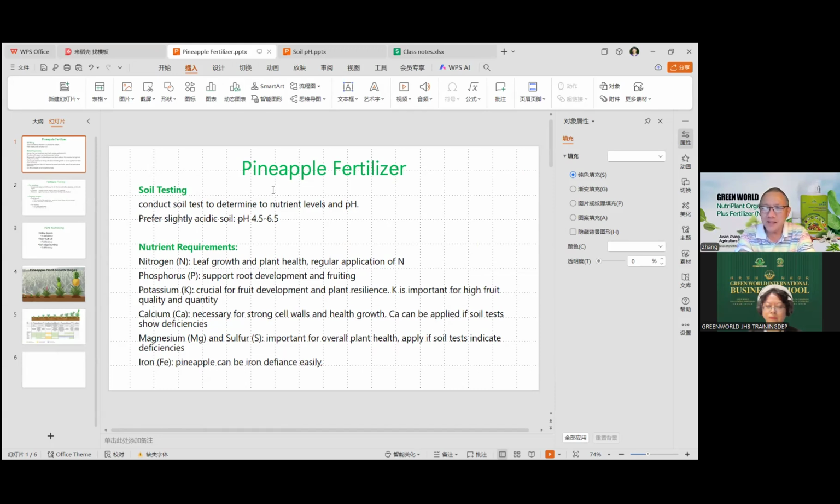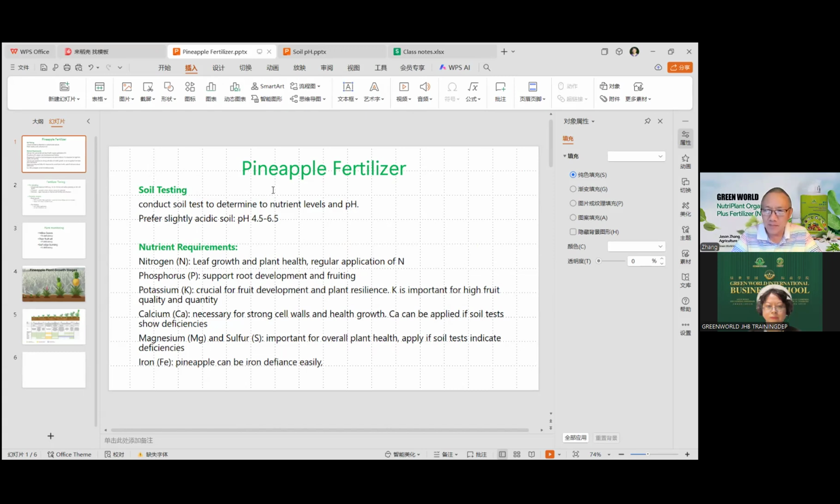Many acidic soil requirement plants don't like you to put too much calcium because you increase your pH. So for calcium, you test the soil. Your soil says you are running low on calcium.